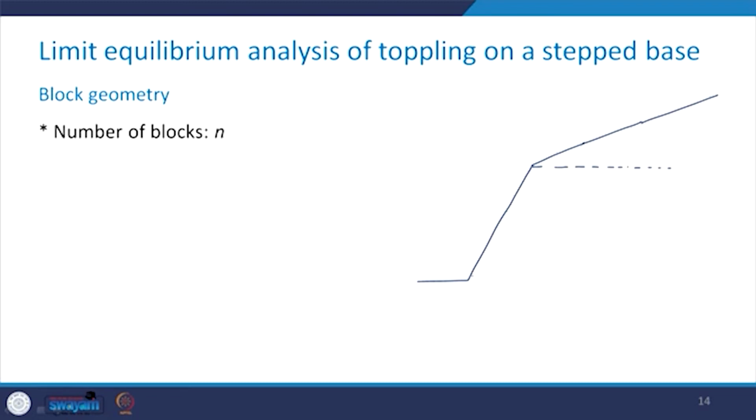And this is the failure surface. Now, this is your base, that is psi b, although it is stepped, but here I need to take the average angle.